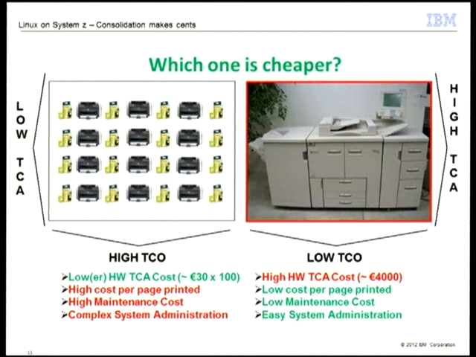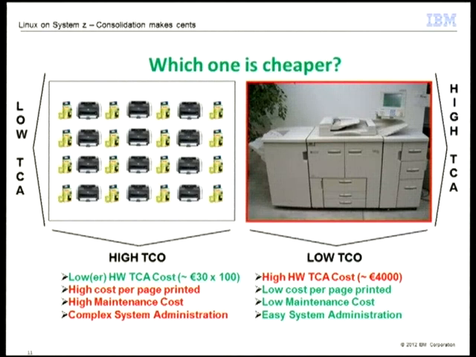So you get the lower cost of acquisition, what we call TCA. But if you actually want to print something, then very quickly you realize that this is not going to work out as well in the long run, because you will have a very high cost per page printed, because you probably know that you're basically getting the printer for free with the first set of inks. And if you have to buy the ink afterwards, it's very, very expensive.